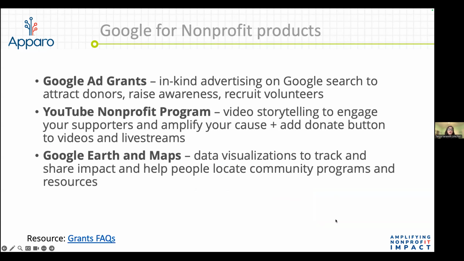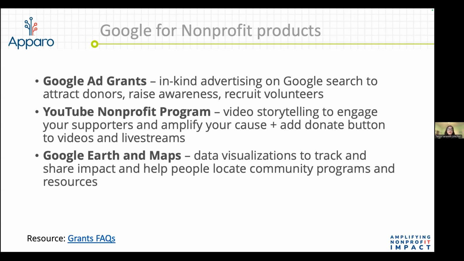Okay. I want to just briefly touch on some other products that are offered to nonprofits outside of Workspace. So once you have been validated as an eligible organization, like we talked about earlier, you are also eligible for these different products.